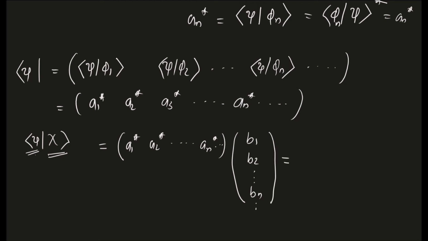So this can be written as summation over n equal to 1 to infinity an star bn. Okay. So this is the matrix representation of a scalar product between two vectors chi and psi.